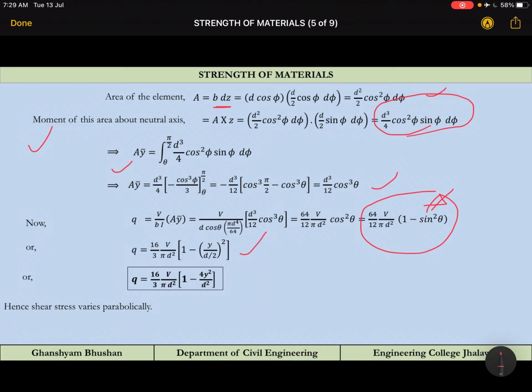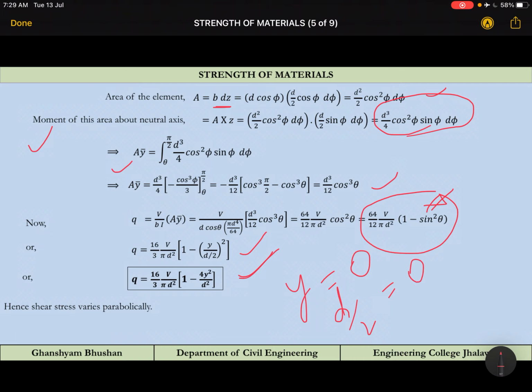So sin theta is y by d by 2. So finally what we are seeing, this is the variation of the shear stress in a circular beam at any distance y from the neutral axis: 16 by 3 V divided by pi d square into 1 minus 4y square by d square. Again at the neutral axis put y equal to 0, and at plus minus d by 2 it is coming out to be 0.